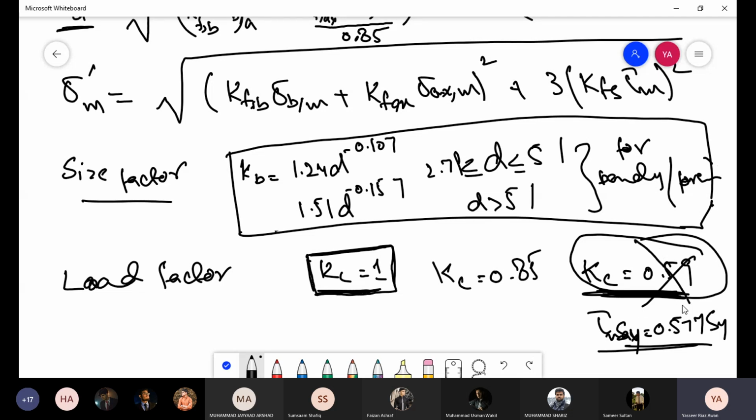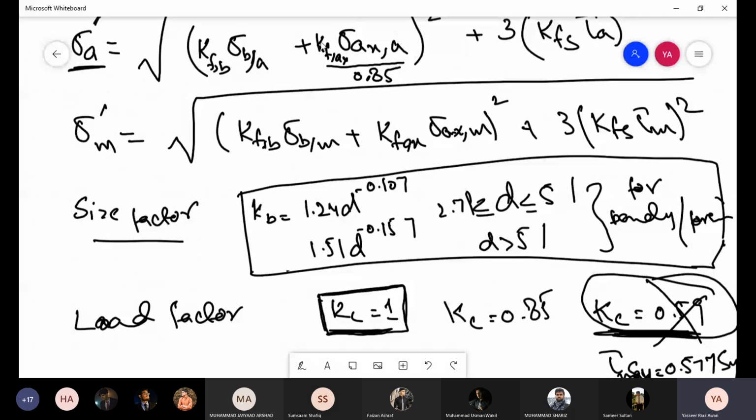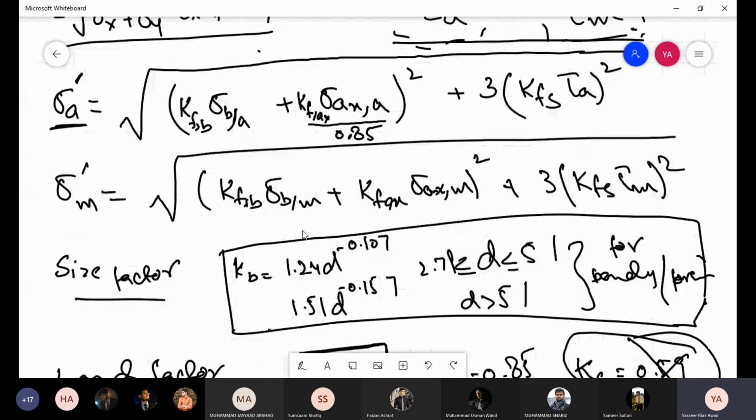So we don't need to use this factor, okay. The axial factor is what is used here. And the rest of the procedure for designing is the same, okay. We just use these distortion energy theory equations to combine sigma a prime and sigma m prime.